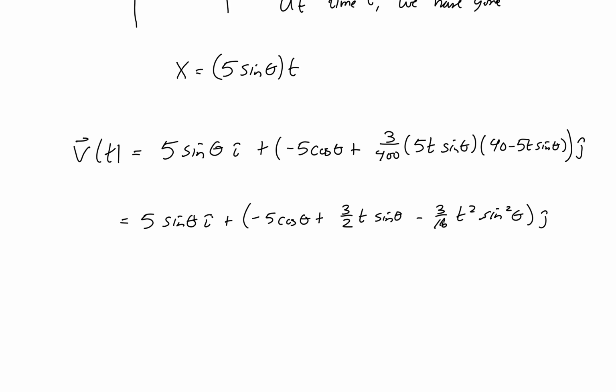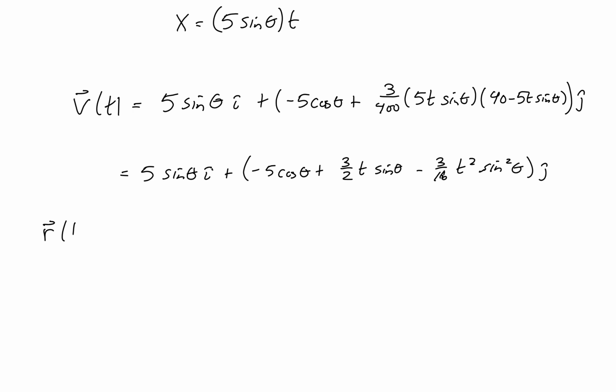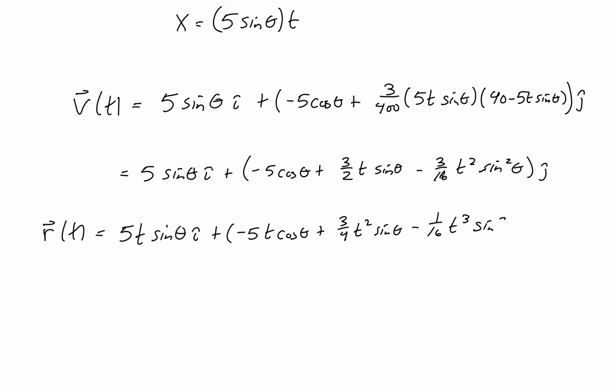And now we integrate this with respect to t, and again, our initial position is 0, so we can just forget the r0. So this is going to be 5t sine theta i plus minus 5t cosine theta plus 3/4 t squared sine theta minus 1/16 t cubed sine squared.